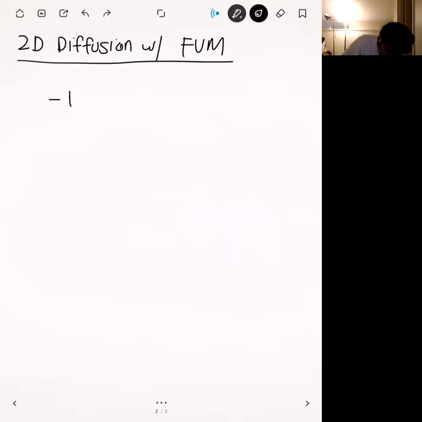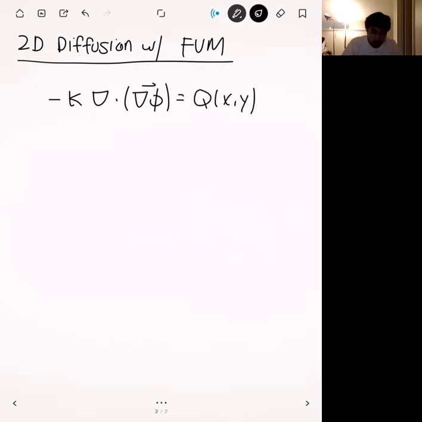And so we have minus k times divergence of the gradient of phi, and this is equal to q of xy. And just like we always do with finite volumes, what we're going to do is integrate this.